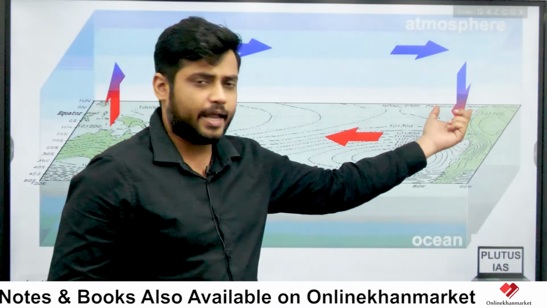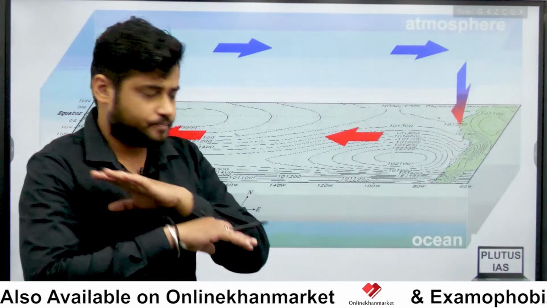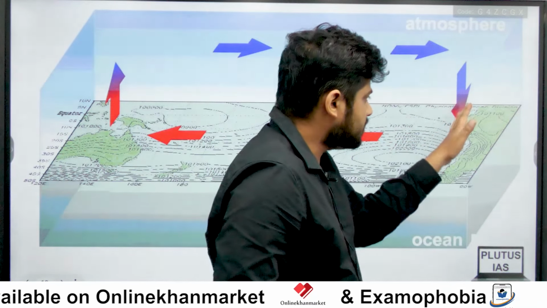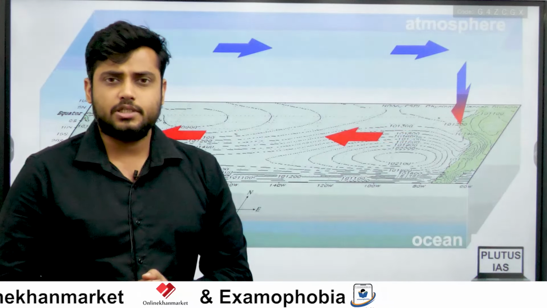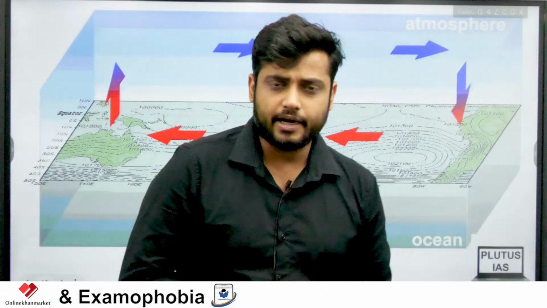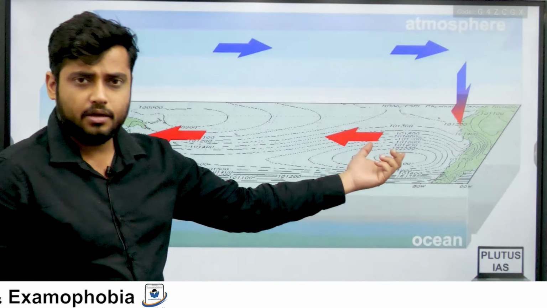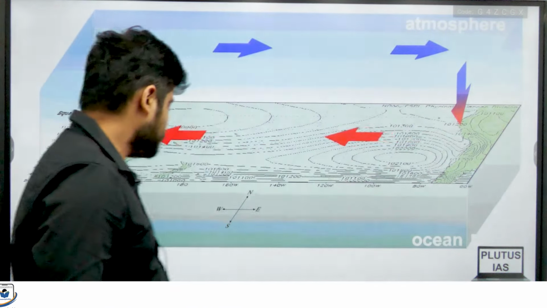So here the high pressure situation converts to the low pressure situation, or the high pressure situation is weakened by the development of low pressure. And why is the low pressure developing here? Because the sea surface temperature is rising.